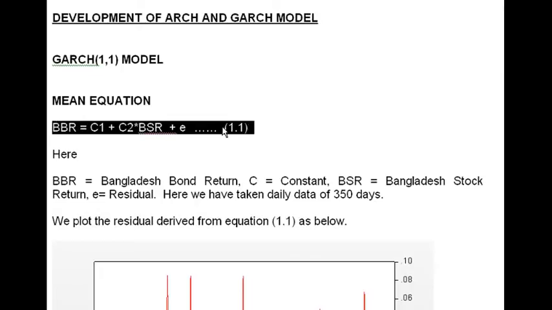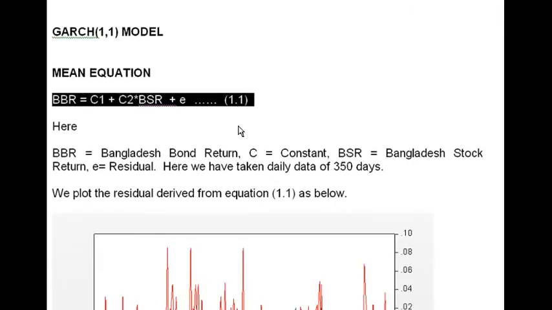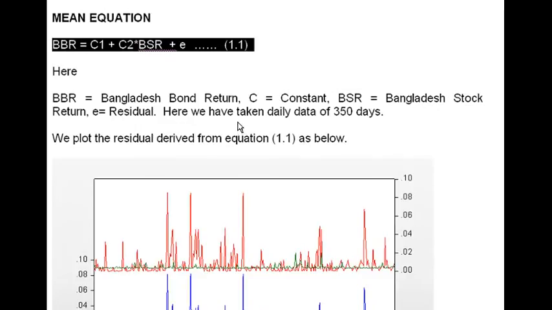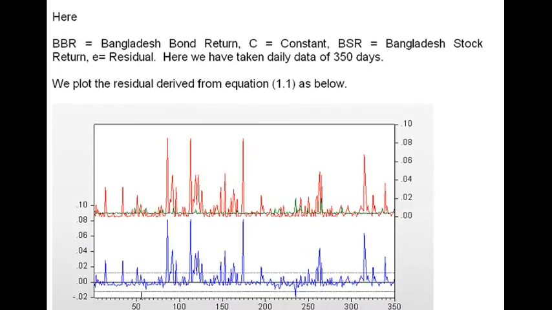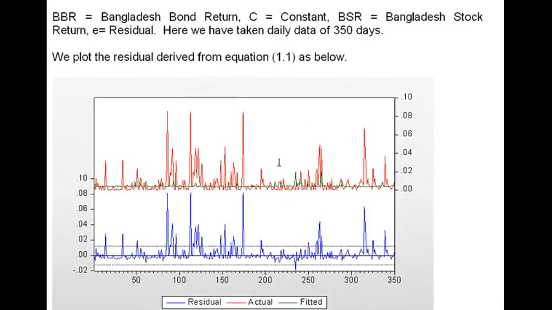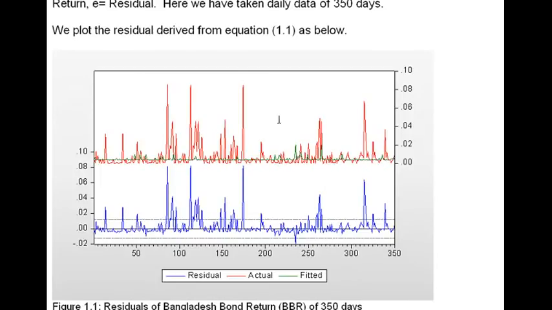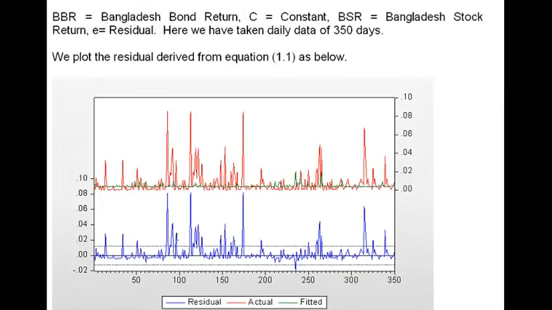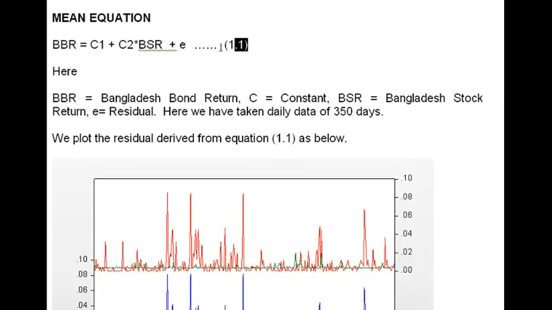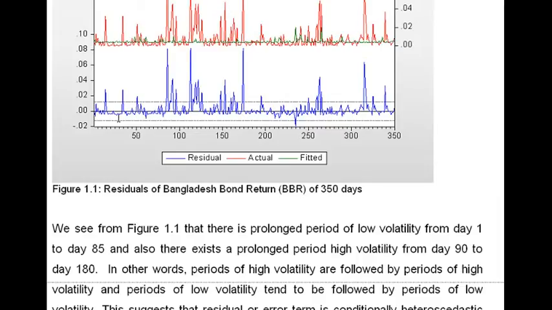After estimating mean model 1.1, equation 1.1, we have got the residual. And we have plotted the residual from equation 1.1 here. So this one actually is the residual from model 1.1.